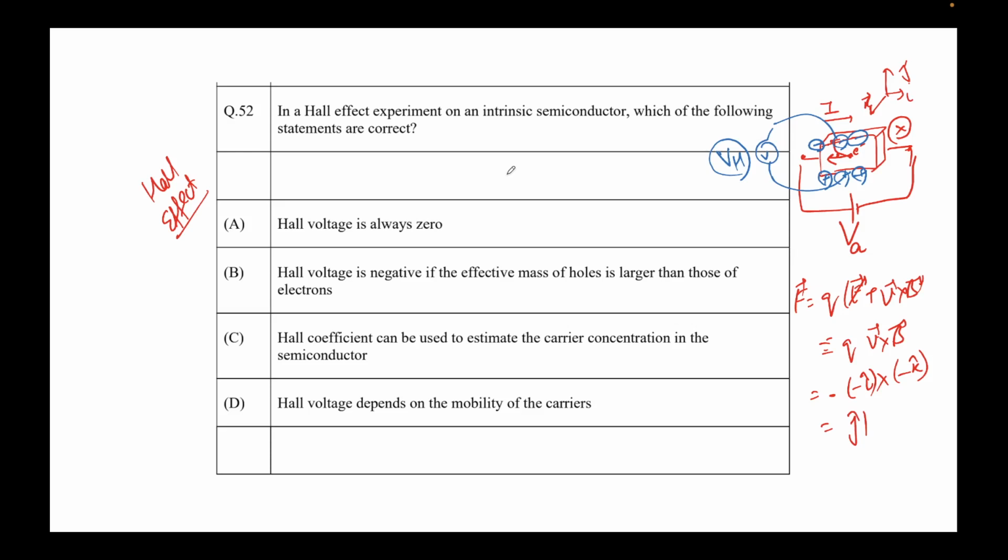Can you explain once more the direction of the magnetic field? So when we are doing an experiment, experimentalists give some stimulus, some inputs. I have given two inputs to this semiconductor block. One input is voltage, this. Second, I have applied a magnetic field B into the plane of the paper, into the plane of your screen which you are seeing here.